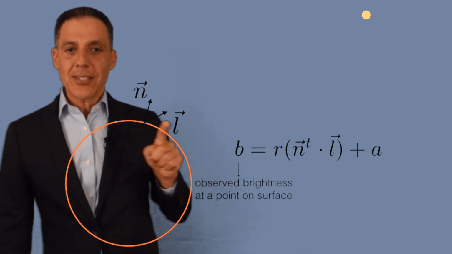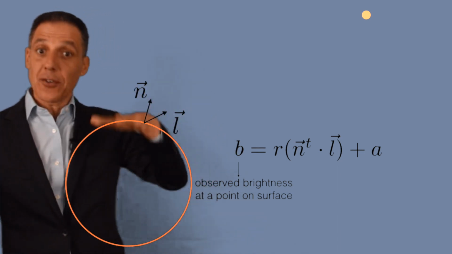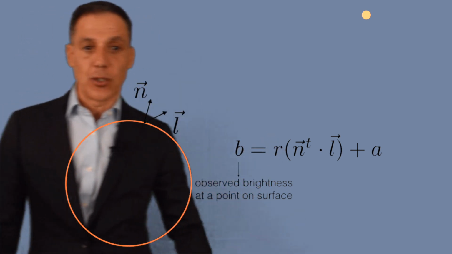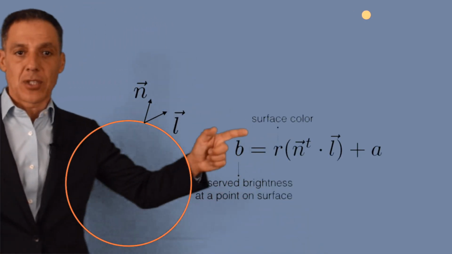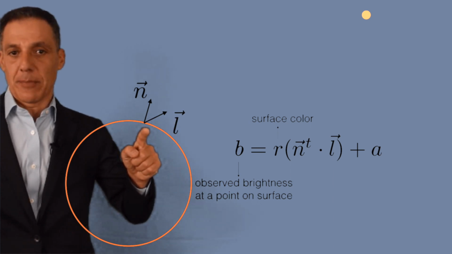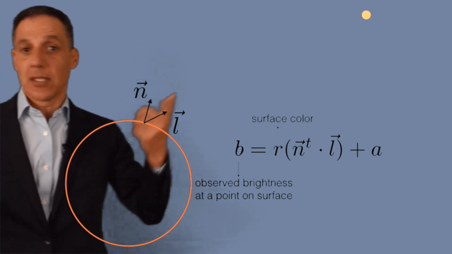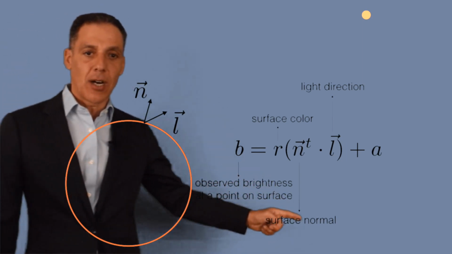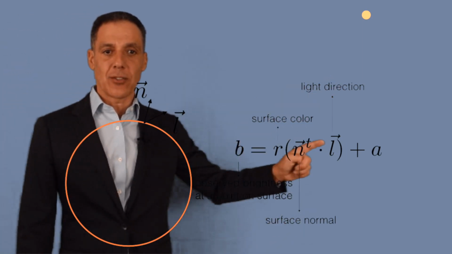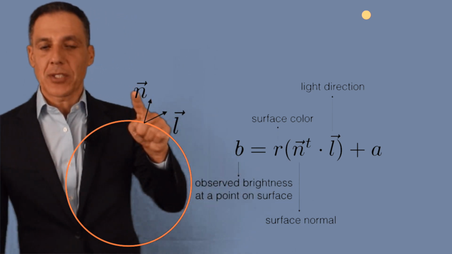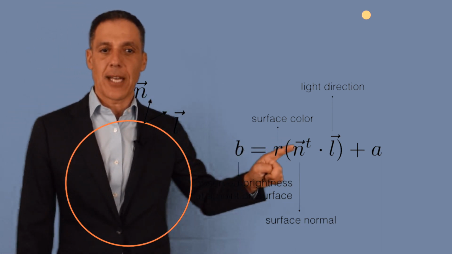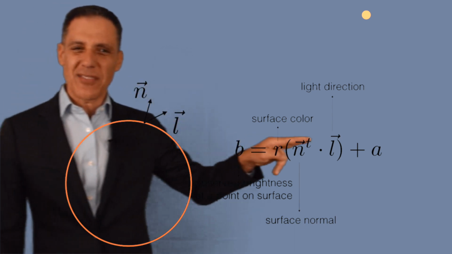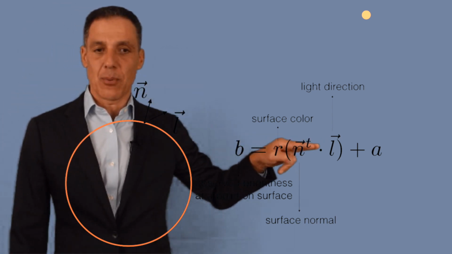Now, the brightness at that point, under those assumptions, is equal to the surface color, so black, it's going to be dark, white, it's going to be white, times the dot product of the surface normal and the light direction. So notice here, these are both, of course, column vectors by convention, so I'm going to make that a row vector. I'm going to take a dot product between those two. We'll talk about that a little bit more later, because that's the important part here.